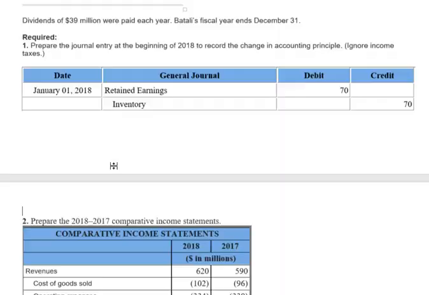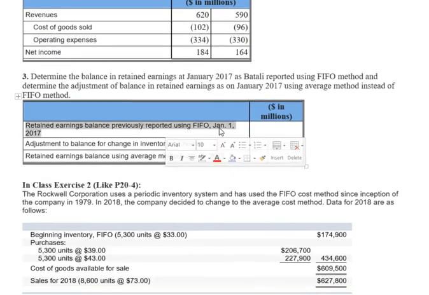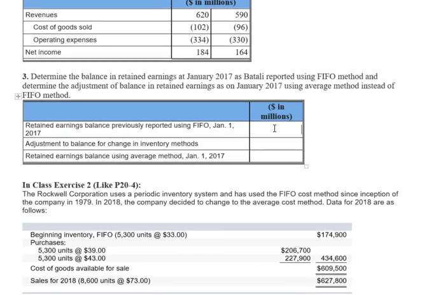So what's it asking us for here? It says, what was the retained earnings previously reported using FIFO on January 1st? Well, that would be 161 because the ending retained earnings for 2016 would come into 2017, sorry. Now, the adjustment to balance for the change in inventory methods.